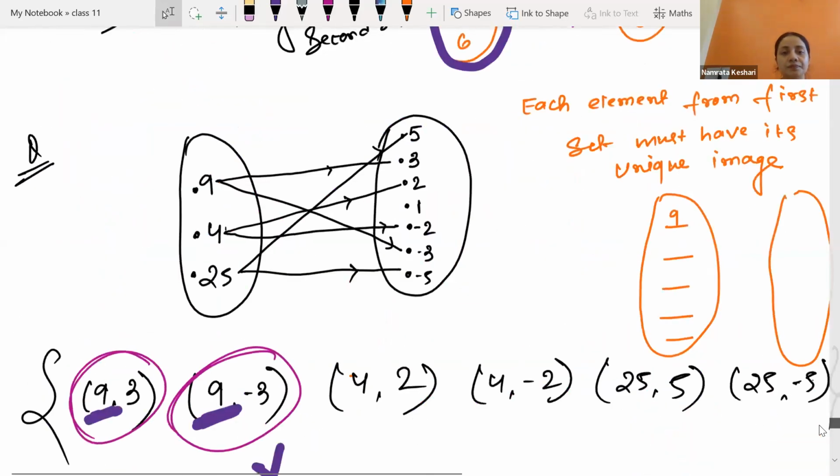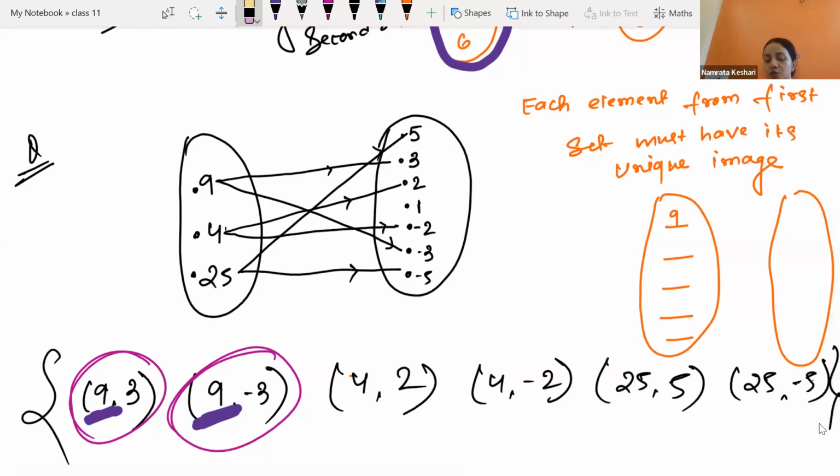This one. Yes, ma'am. Here, 9 with 3. Before this, I said that this is not a function, right? Yes, sir. So when we solve a few more questions, we will gain clarity.